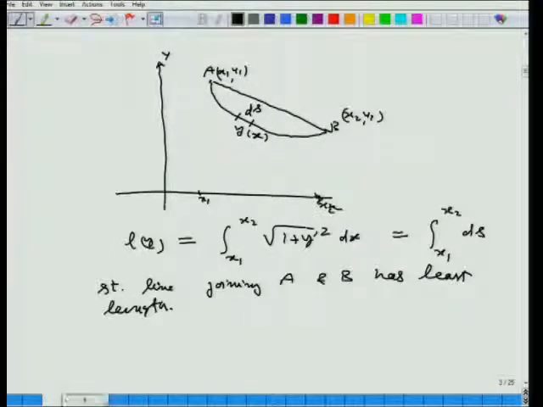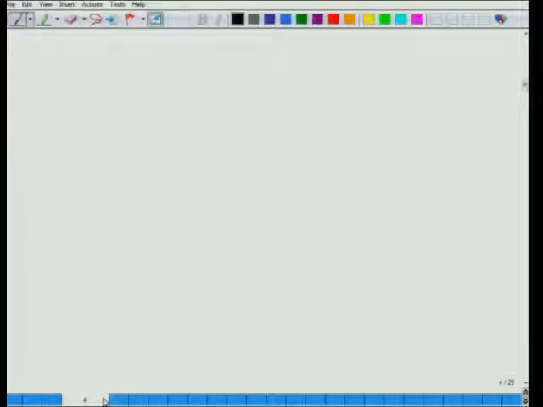The next problem can be thought of as follows. Supposing you have a surface area, a double integral over D, of the surface area dS, bounded by a curve.